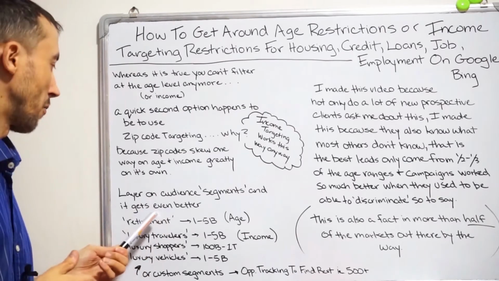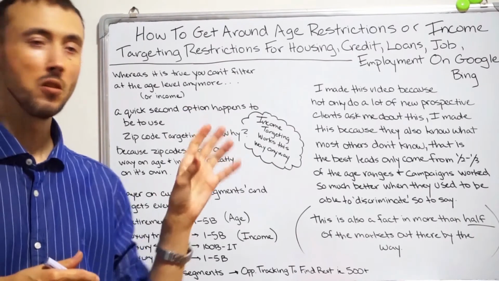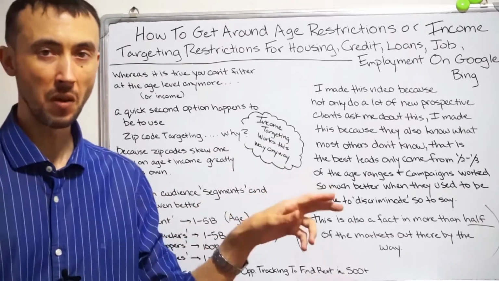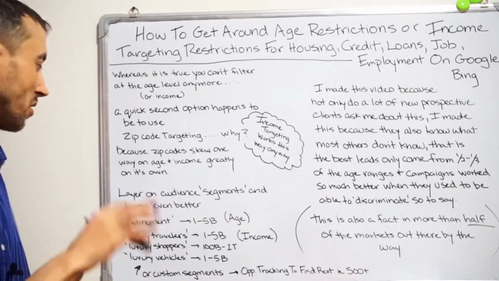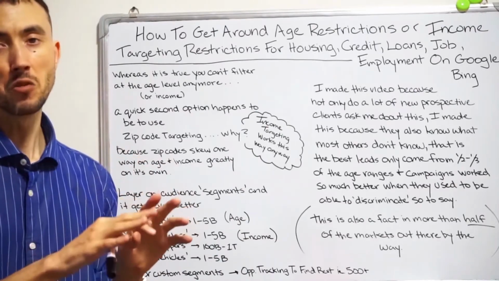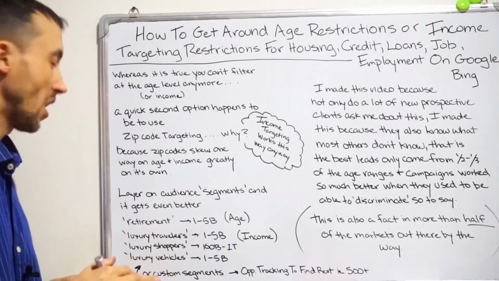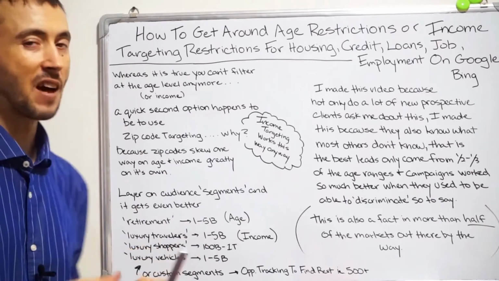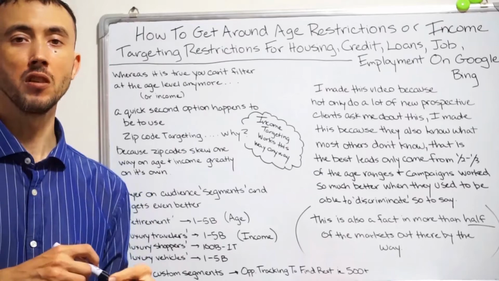It's just retirement. So when you go into the menu to edit audience segments within your search campaign, you can type in just the word retirement in the search bar, and then it'll pop up. That one right there has a list size of 1 to 5 billion potential impressions a week.